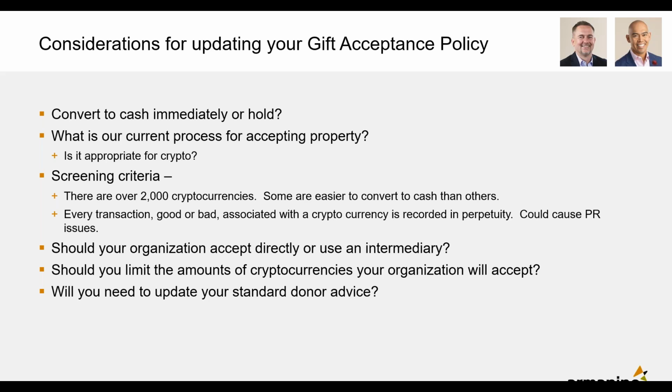There are over 2,000. You see many entities say of the 2,000, we're going to accept 8 or 6, just the few that they're comfortable with. And then how do you screen those cryptocurrencies? And then from a risk perspective, should you limit the amounts of cryptocurrencies your organization will accept? And then will you need to update your standard donor advice? All things to consider.